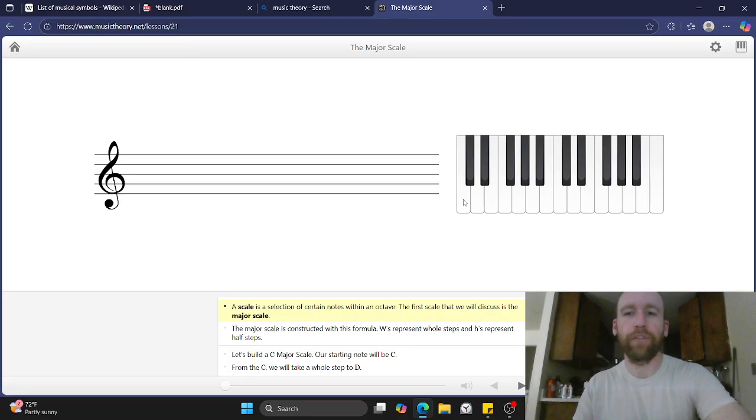But how do we figure out what notes will go well with this note? Well, it actually turns out that there is a formula that you can use, a formula consisting of distances between these pitches from these two identical notes. And you can pick out any of these notes here. You'll notice that this key is identical to this key, right?